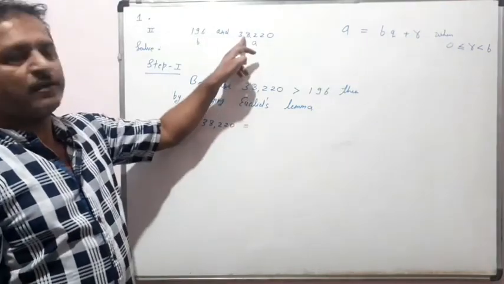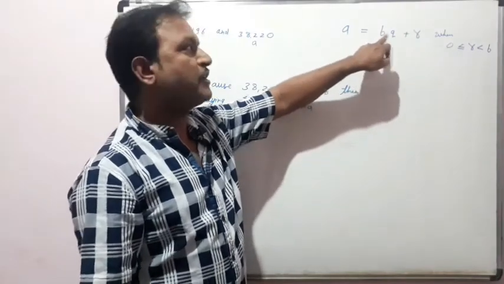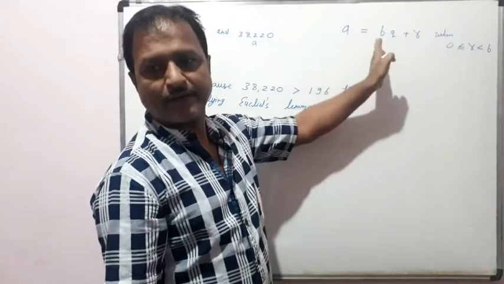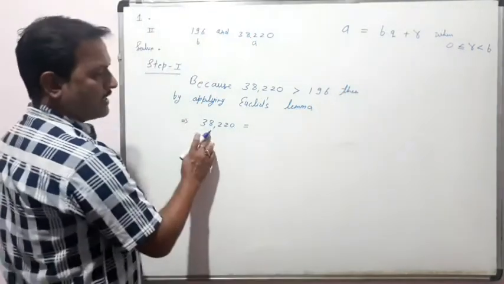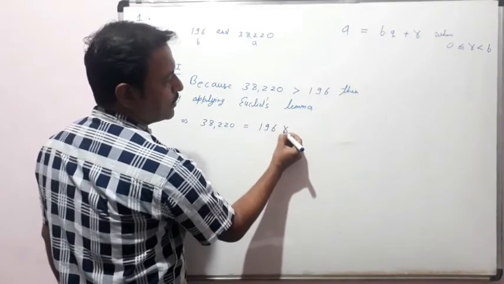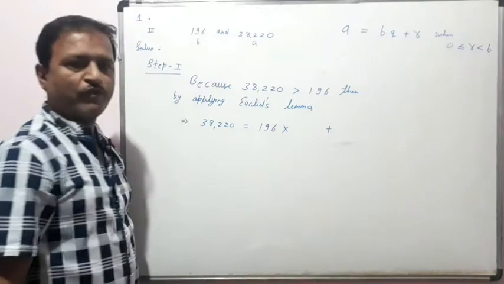So our greater number will act as A and the smaller number will act as B. Q and R we have to find by dividing A by B, right? So 38,220 we have, B is 196. Now Q and R is remaining here, which we have to find.